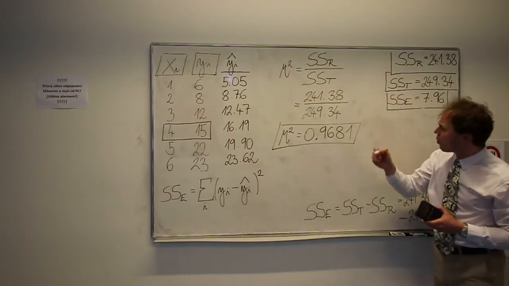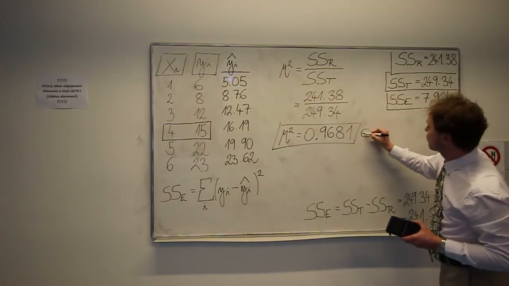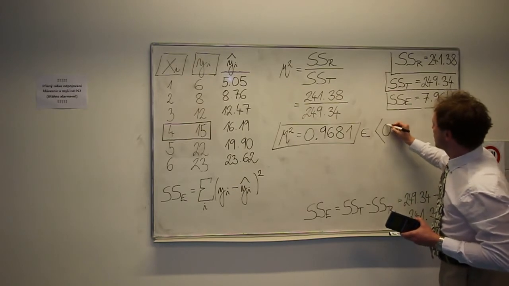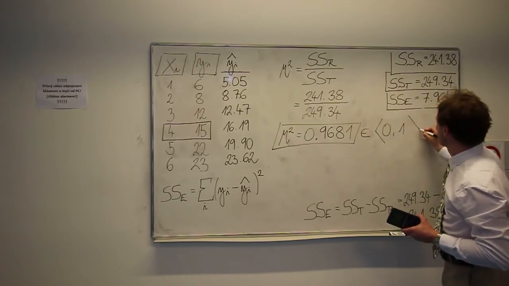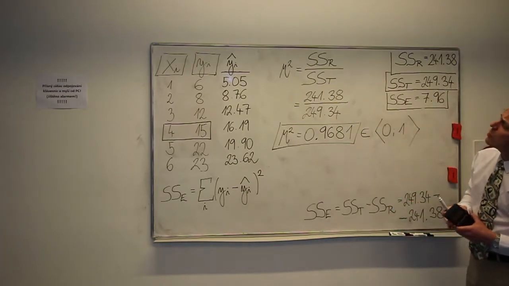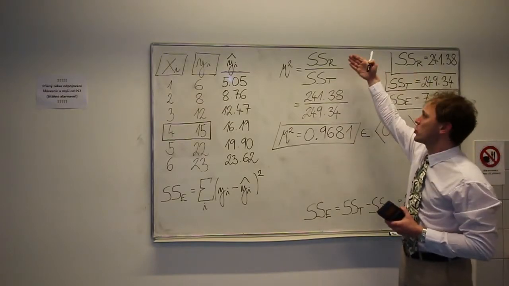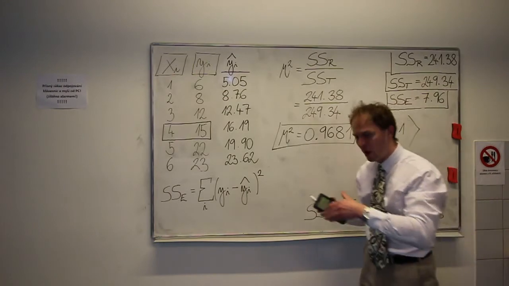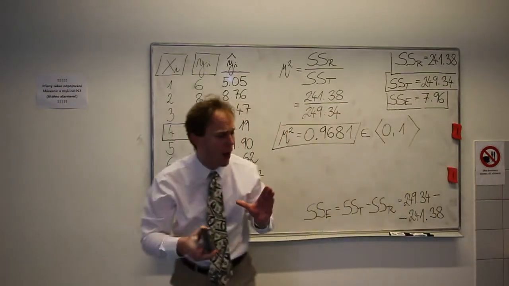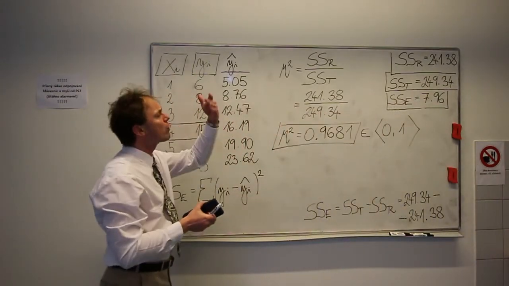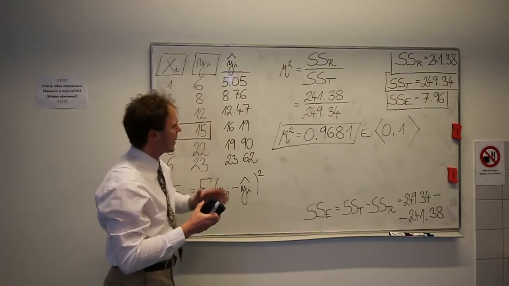You must know that r squared is in the range 0 to 1, and it's a ratio of the explained, theoretical sum of squares to the total sum of squares, yes?